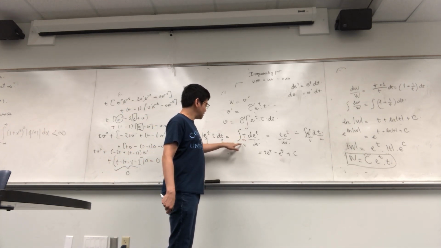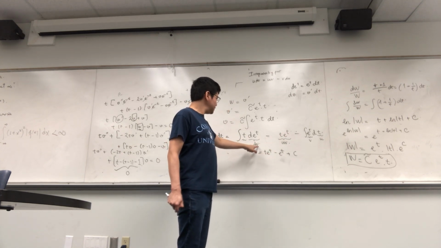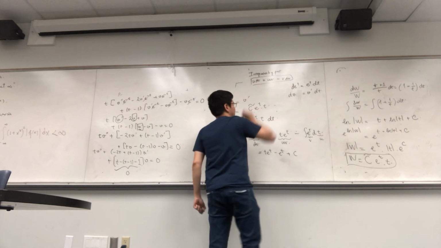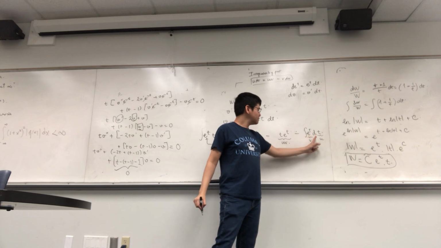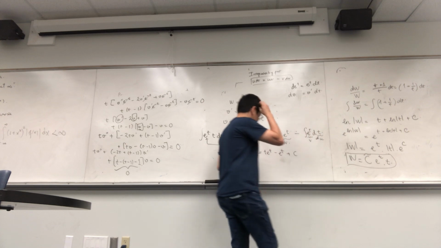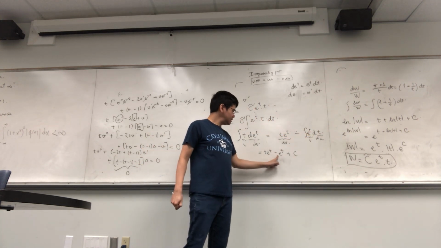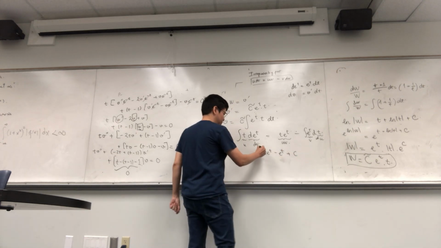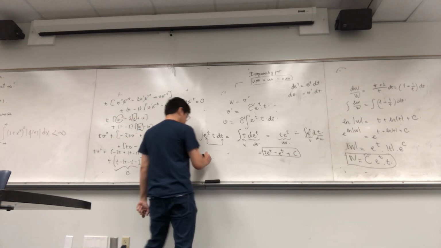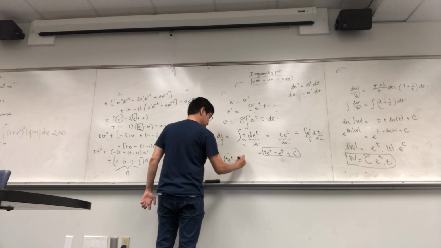Now I can group u and v, I get t e^t, and I have v du according to this formula, right? So here I have e^t, which is v, du, which is dt. The antiderivative of e^t dt is e^t plus a constant c. So basically I have this formula for v. So v will be c tilde t e^t minus e^t plus c.